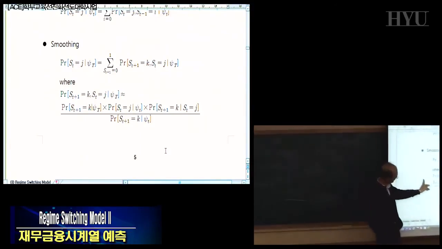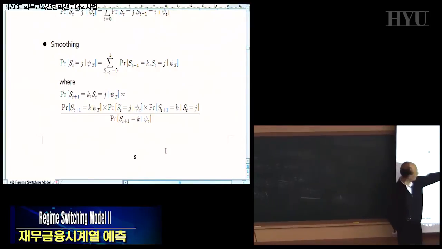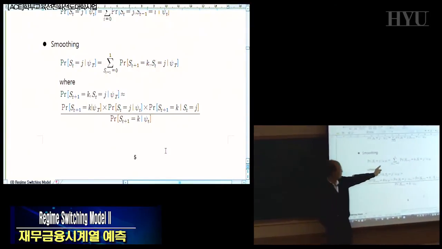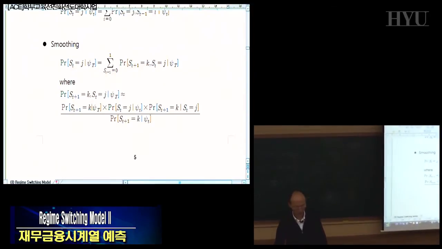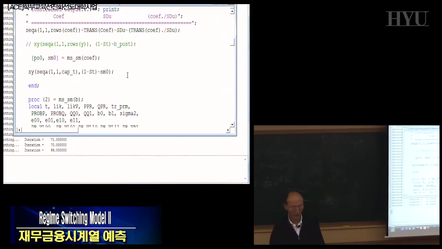This part is the smoother. They calculate this one. It is very similar to the previous smoothing algorithm of the Kalman filter.